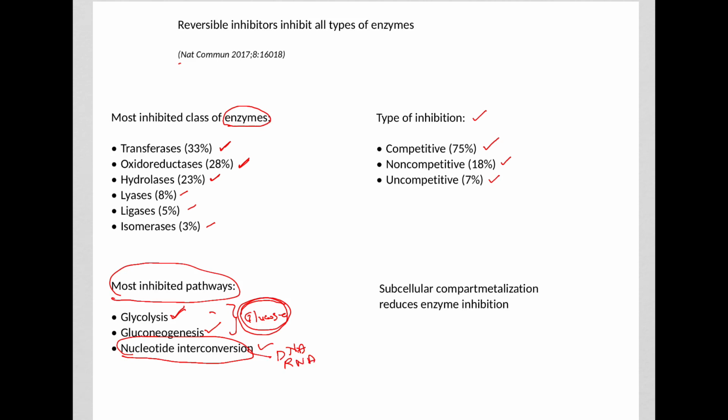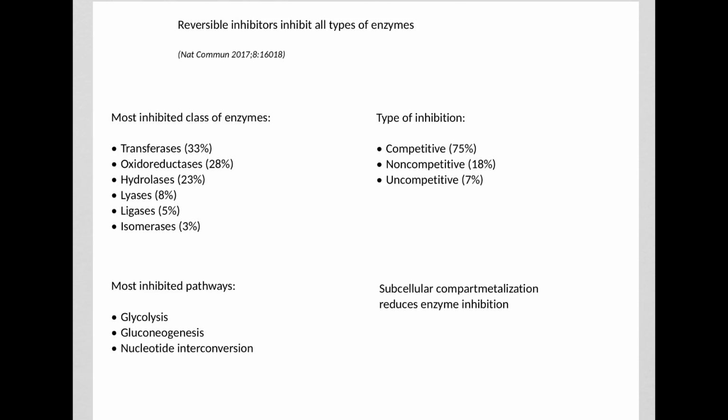This information is from this publication in Nature Communications, which also showed that by putting the enzymes in compartments such as your mitochondria or your peroxisomes or your ER, by subcellular compartmentalization, the cell can reduce enzyme inhibition.